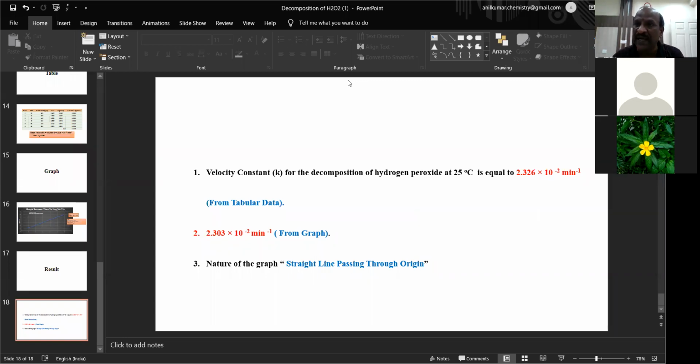You are having the practical most probably from 10th or 12th of this month to 16th. Then from 19th you are having theory exams. The exams start from 19th July and go up to 20th August. The timetable schedule will come. But this time the practical and theory are not on the same day. The practical has a different schedule and theory has a different schedule.